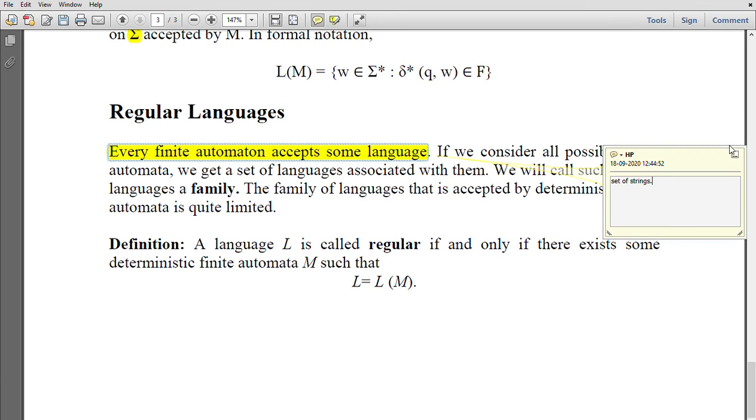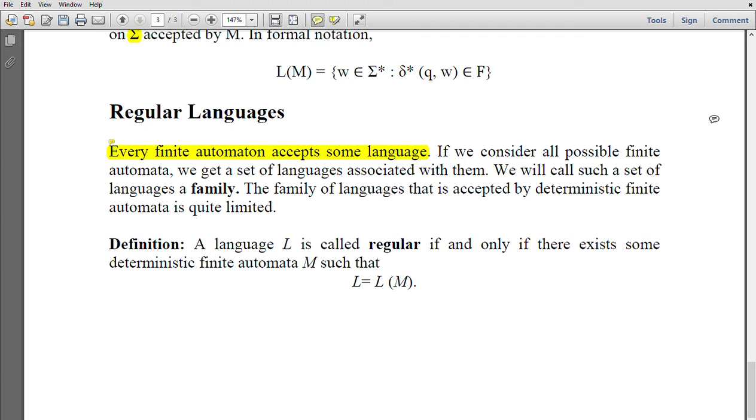So all DFAs will read some strings, and that set of strings is basically the language. So every finite automata accepts some language, and if we consider all possible finite automata, we get a set of languages associated with them, and that family of languages is called the regular languages.